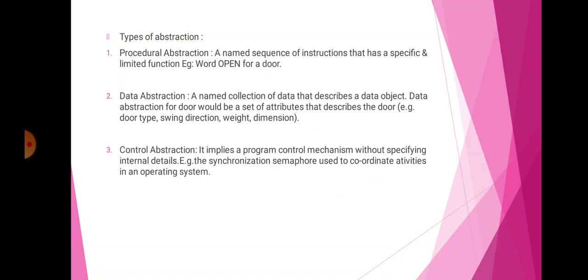The data abstraction for a door would be a set of attributes that describe the door, for example, door type, swing direction, weight, dimension, etc. Then third is control abstraction. It implies a program control mechanism without specifying internal details. For example, the synchronization semaphore used to coordinate activities in an operating system.